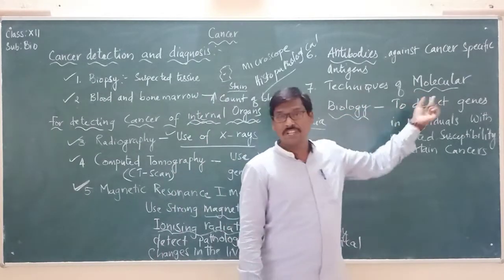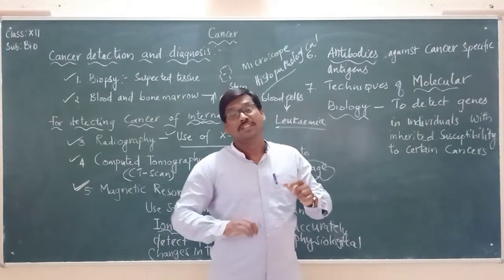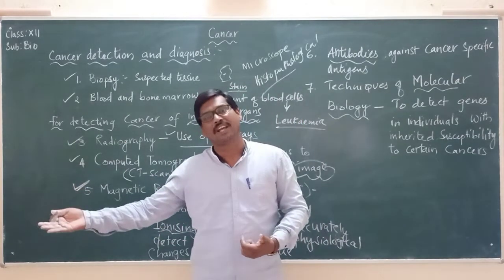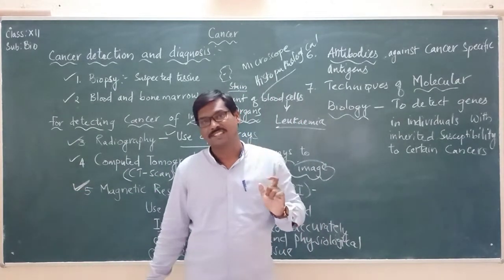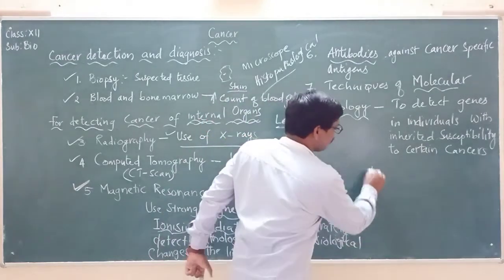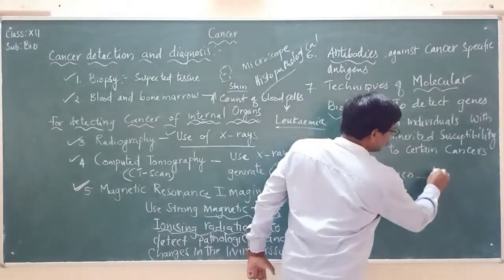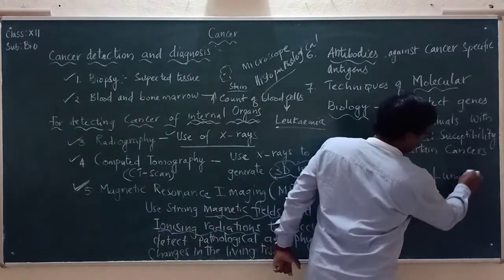So once it is identified, we should remember that they will be advised not to be exposed to those chemicals which can cause cancer. For example, tobacco can cause lung cancer.